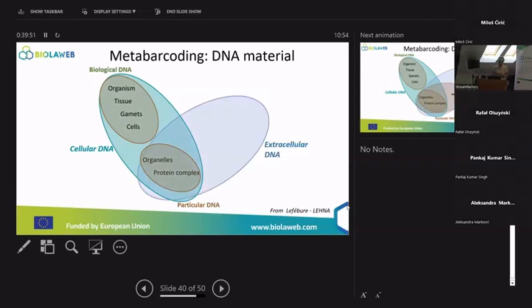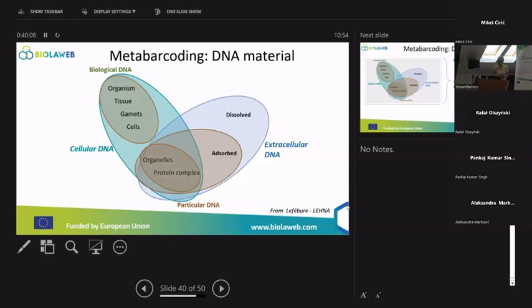And this can be cellular DNA or extracellular DNA. So indeed, the organelles, the protein complex, this particular DNA may be also extracellular DNA. And for example, in aquatic ecosystems, you may find them in the water. You may find them adsorbed on different components or dissolved in the water. So that's the basic material that you will use to do DNA metabarcoding.